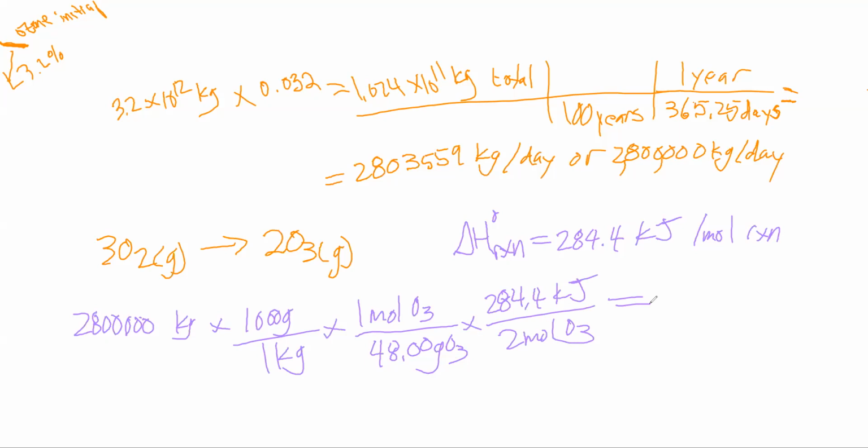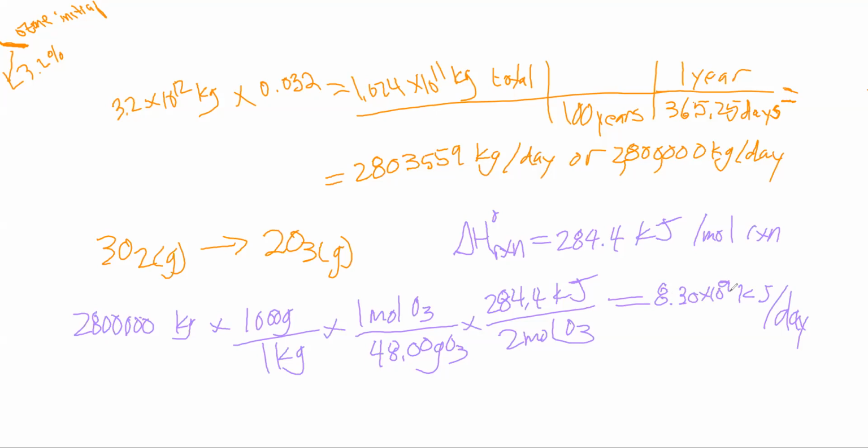And now I realize that I made a mistake. When I plugged in my value, this is going to give us how many kilojoules we need per day. So this is giving us 8.30 times 10 to the 9.